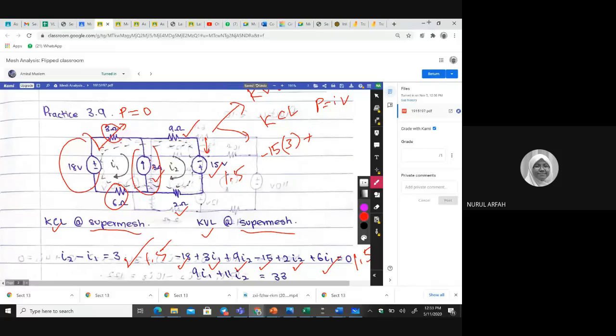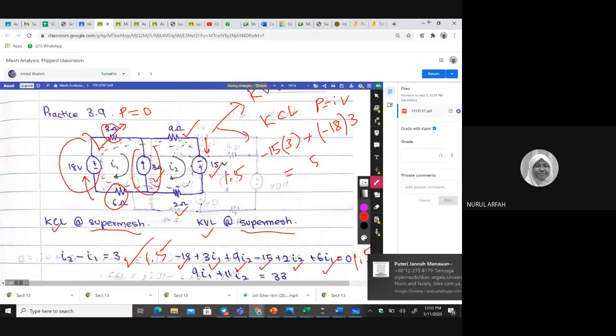So you can use the 18 volt here. If you look at the current direction of I2, it's going to here. So you have a minus 18 into 3 amps. Is it clear? If you do the multiplication, you will have what?